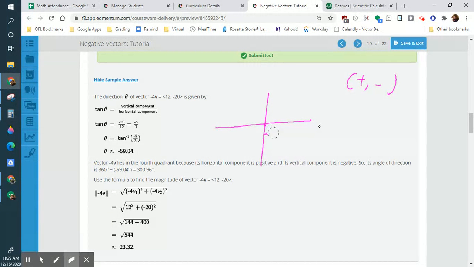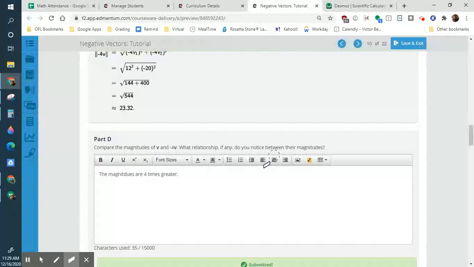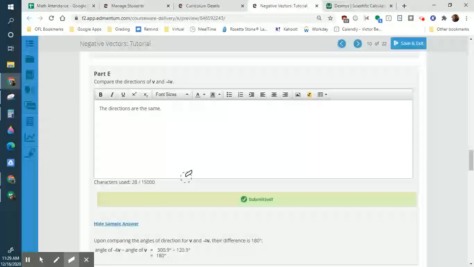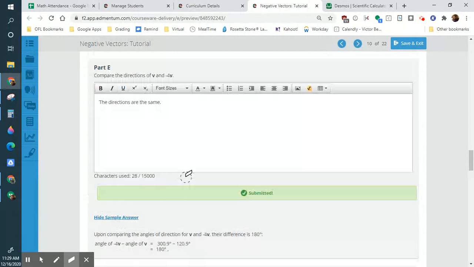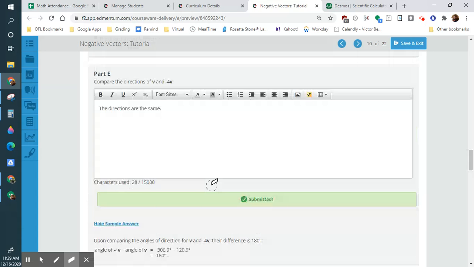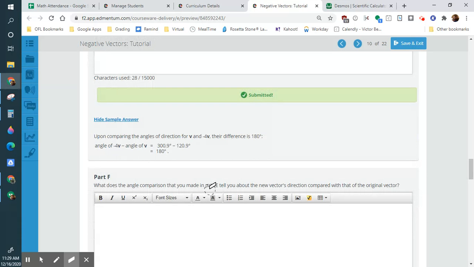So that's how we can compare the angles themselves. I just feel that Edmentum does a terrible job at setting up how to find the directions because it sets this up and like, oh, but also keep in mind this. They should really format it a little better.